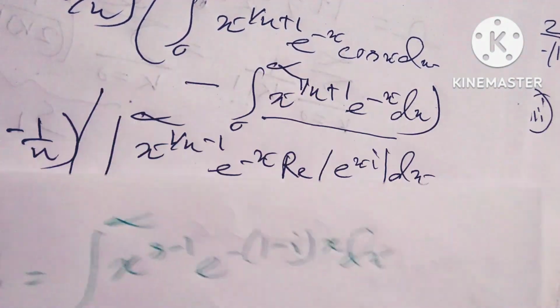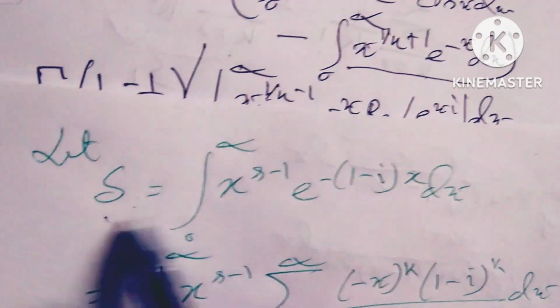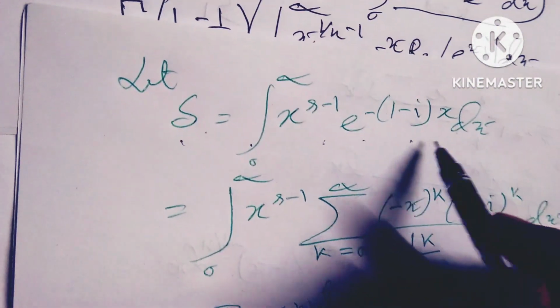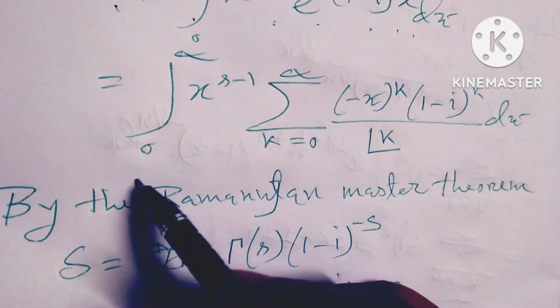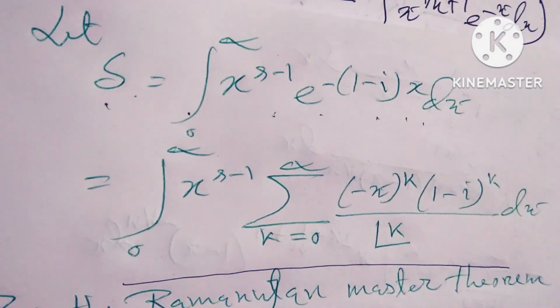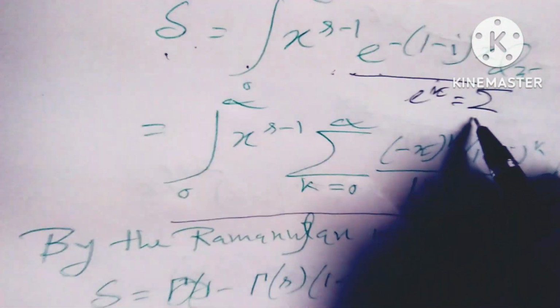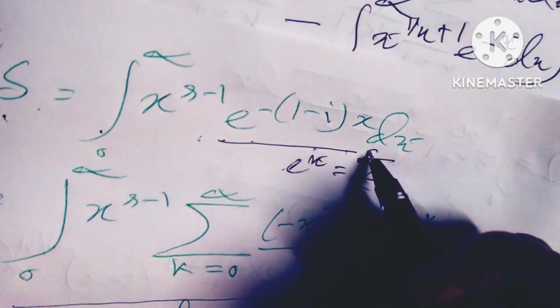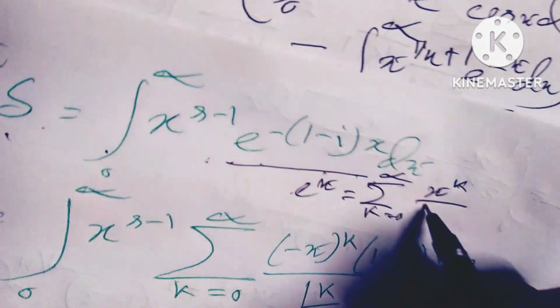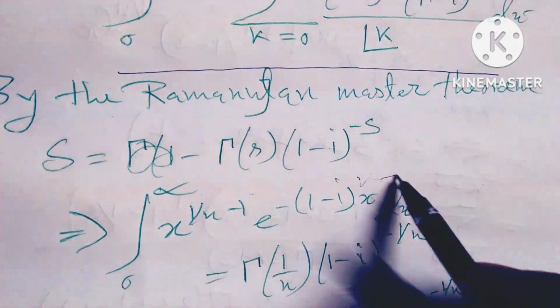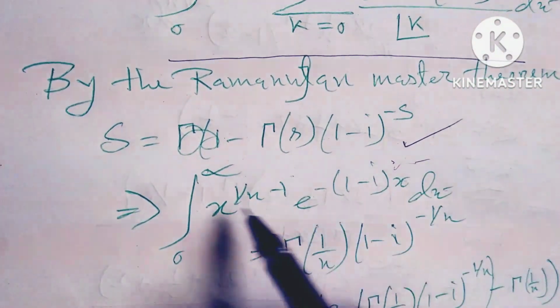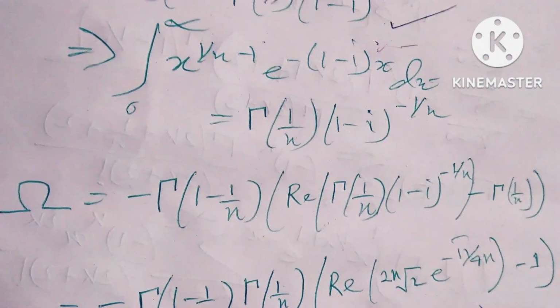So let phi equal integral 0 to infinity x to the power s minus 1 e to the power minus 1 minus i x, and after that it can be written this way, x to the power s minus 1 and e to the power minus x, where e to the power x equals summation k equals 0 to infinity x to the power k divided by k factorial, and after that I get this value, and by Ramanujan's Master theorem phi is equal to gamma s times 1 minus i to the power minus s.